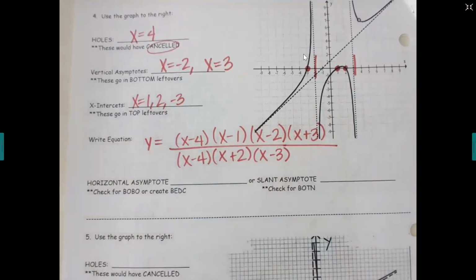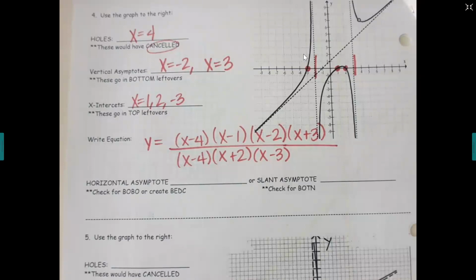From there, last little part of this, do you observe a horizontal asymptote or a slant asymptote? Which type? It has a slant, and what's the criteria for a slant? The top has to be one bigger, right? So look at your equation. How many x's across the top? How many on the bottom? 3.